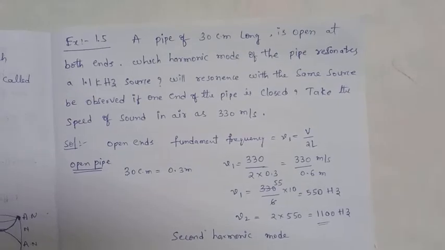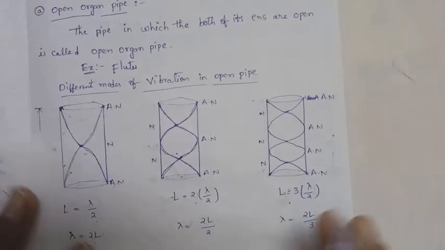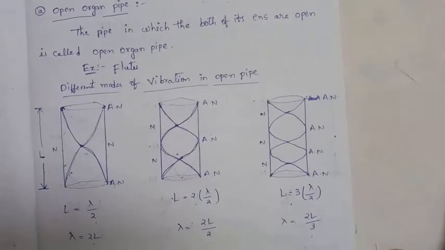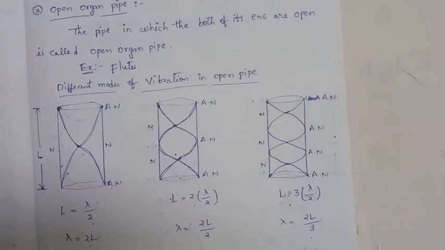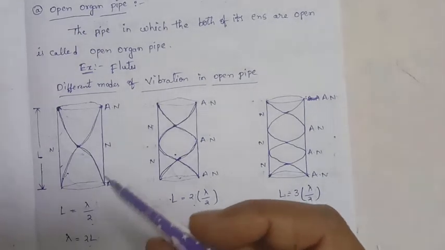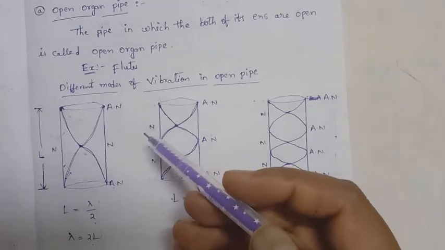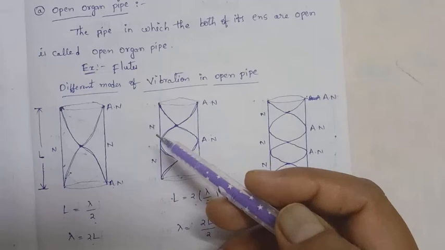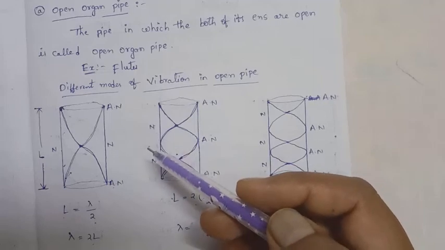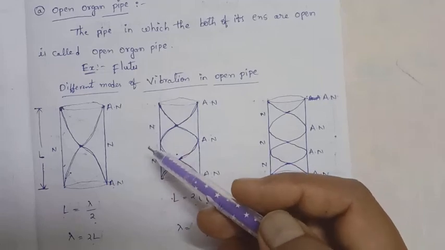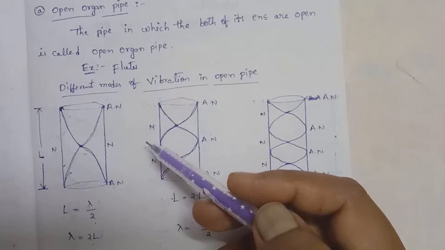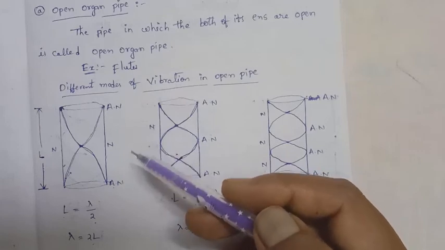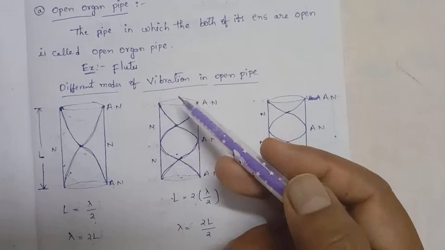Based on this, many questions may be asked in an objective manner. For example, in case of an open pipe, what is the fundamental frequency? V by 2L. And in case of an open pipe, which nodes are possible at the open ends?